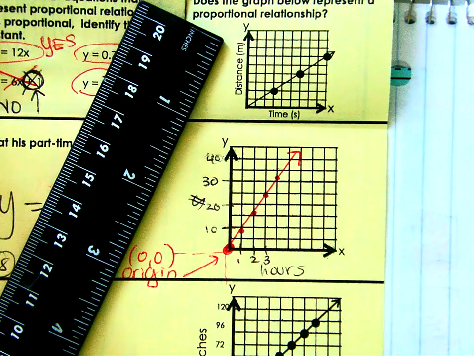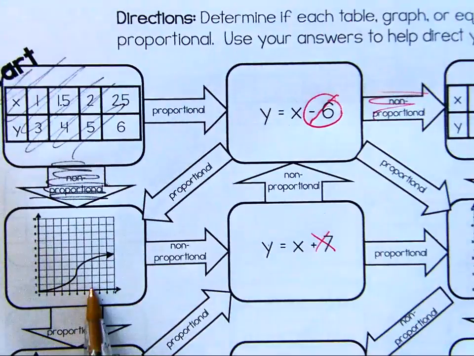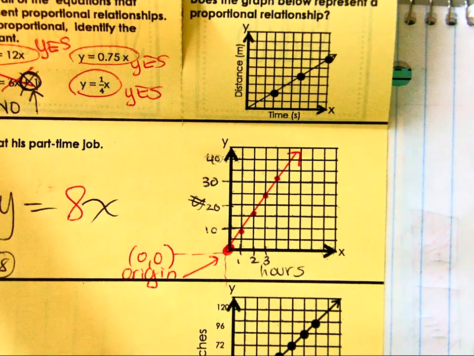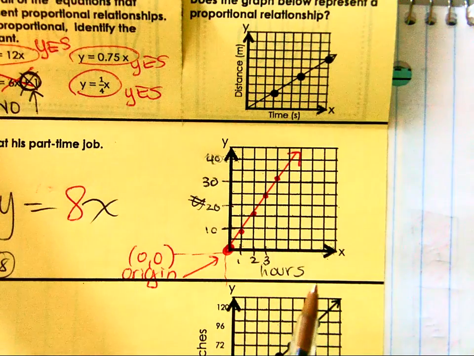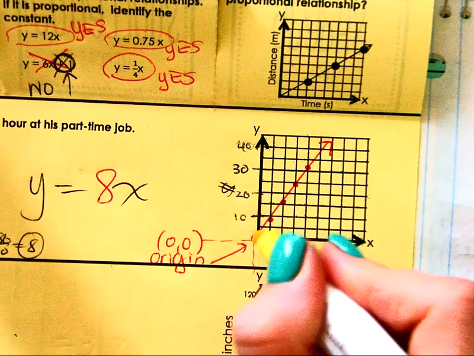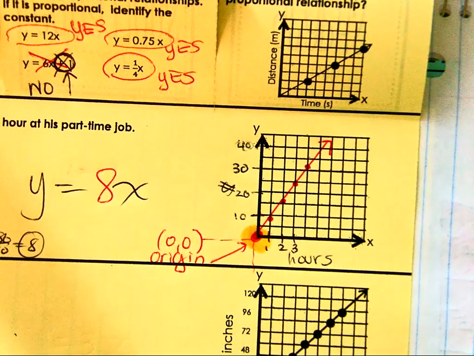Okay. So hold on. Watch. So there's 2 parts about this. Not only does it have to be a straight line, it also has to go through the point 0, 0. Because I can't have any of those pluses or minus after it. So look what I want you to write for this.